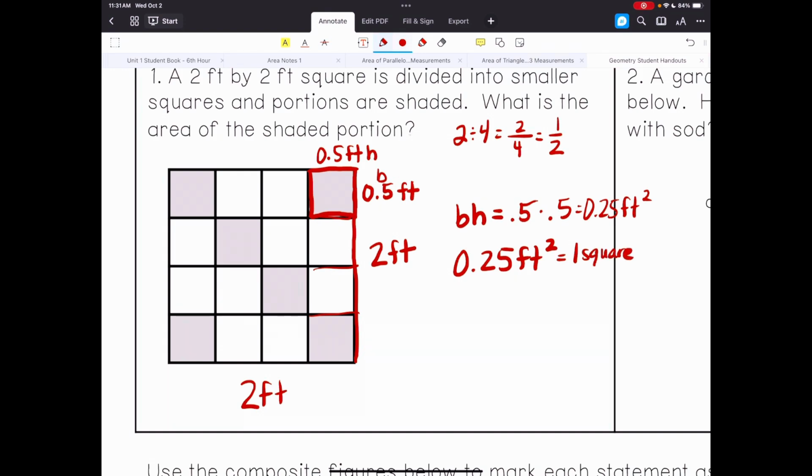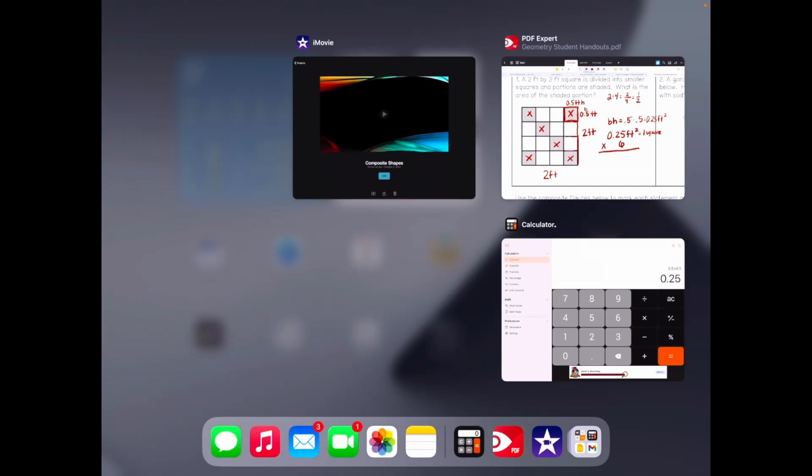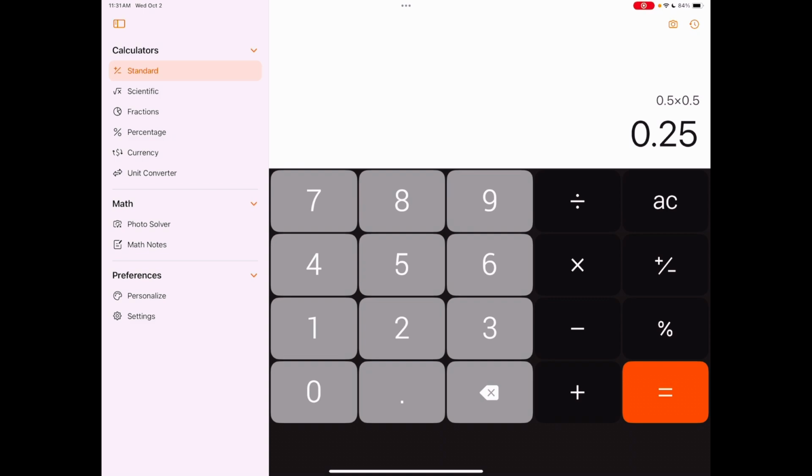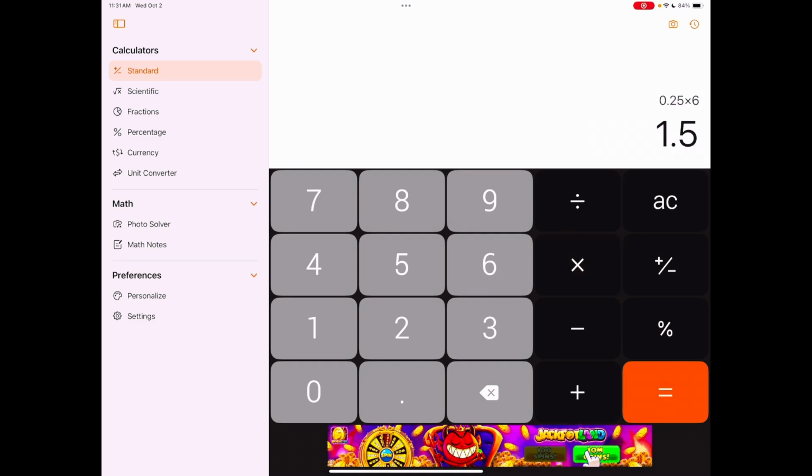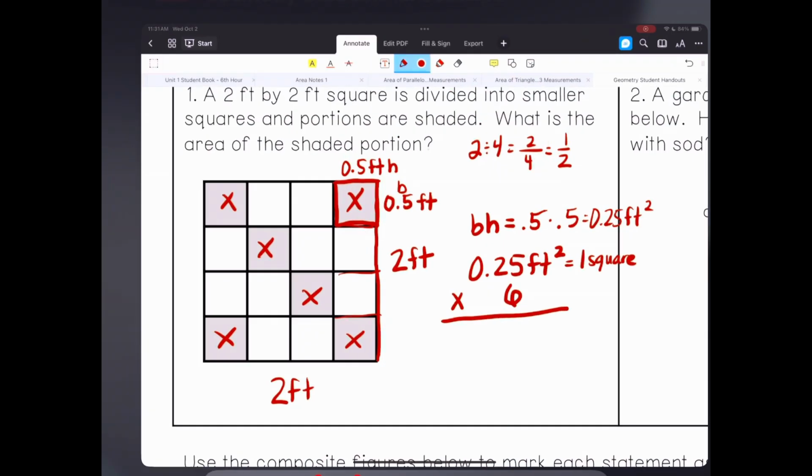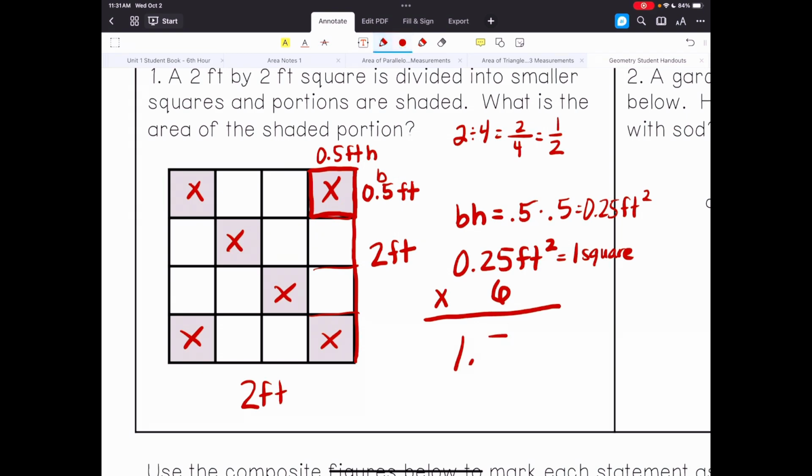But let's see how many of them we have. 1, 2, 3, 4, 5, 6 shaded squares. So we're going to multiply the area of 1 times the 6 of them that we have. So let's go back and multiply that 0.25 times 6, which is 1.5. So the amount of shaded area in this is 1.5 feet squared.